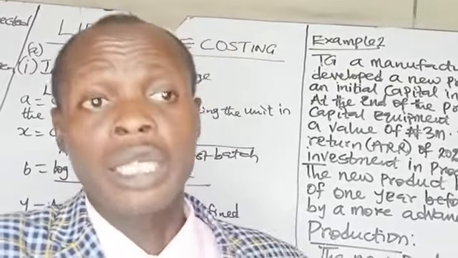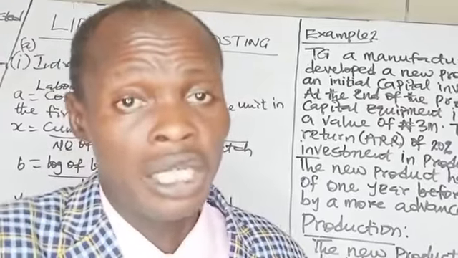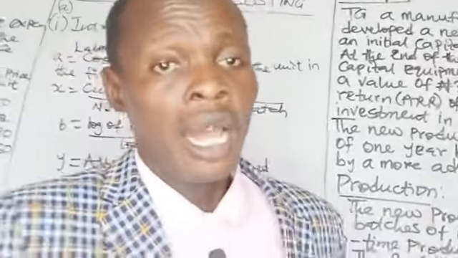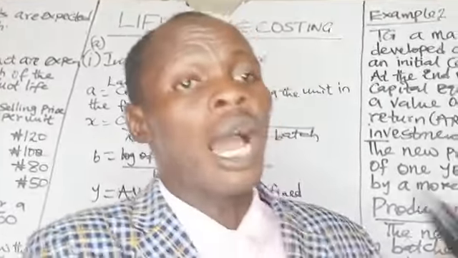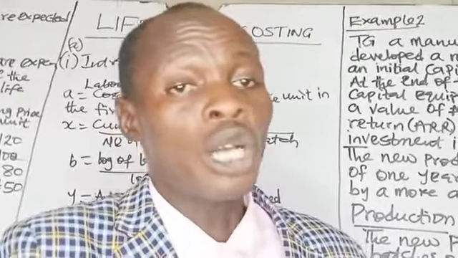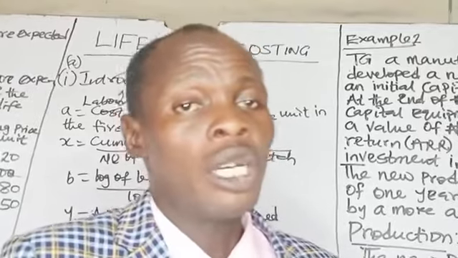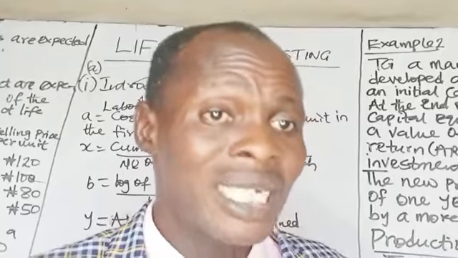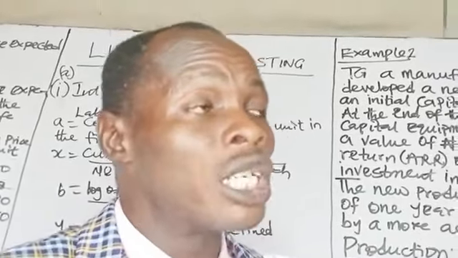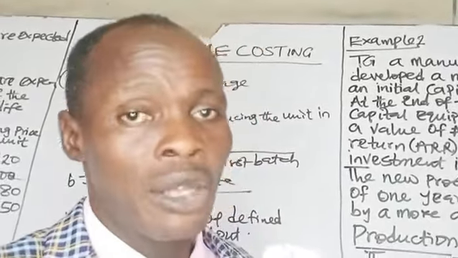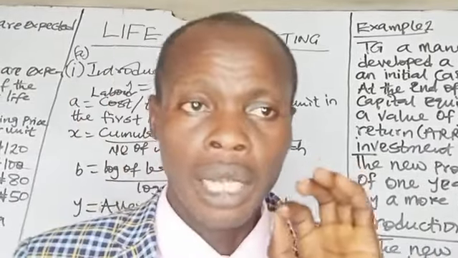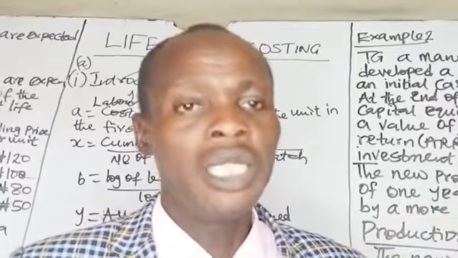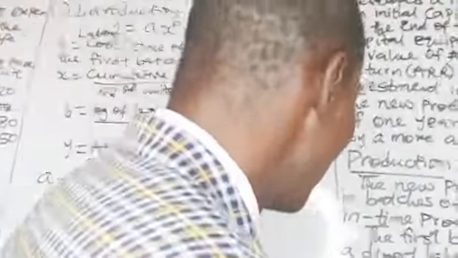The assumption behind the learning is that as output is doubled, the cost of each successive production will decrease. So when the cumulative output reaches the 30th batch, the learning process will stop and the cost will remain stable thereafter. So that is what this clause means.